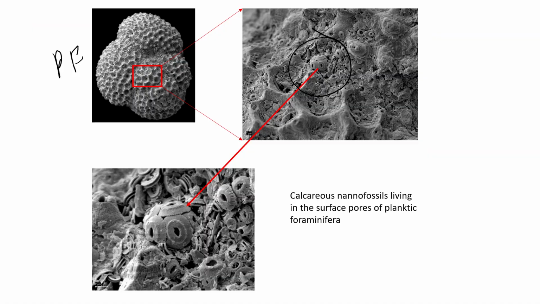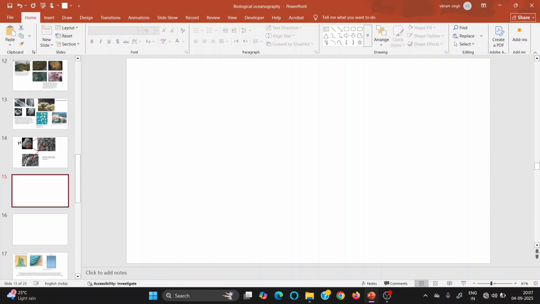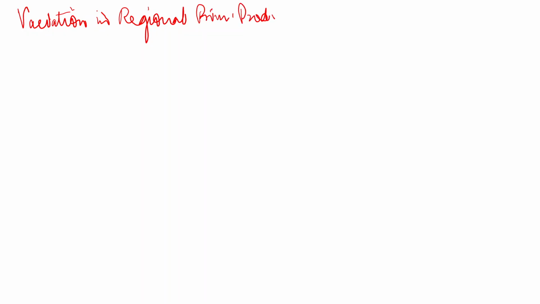Okay, so let me add one more slide here. All right. So let us now look at the variation in the regional primary productivity. The typical unit of photosynthetic production is measured in gram carbon per meter square per year.